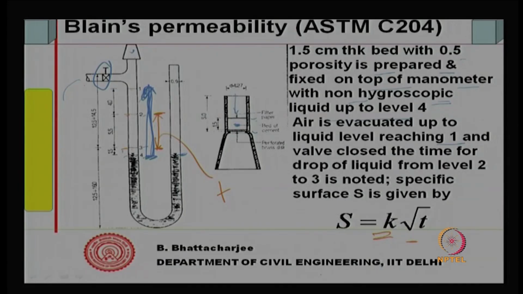Now, the liquid will fall because air will enter from the top, through this. The time required for air to cause a drop of this manometric liquid from 2 to 3, by 5.5 centimeter, will depend upon the permeability of the cement bed here.